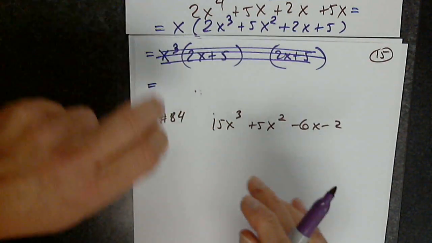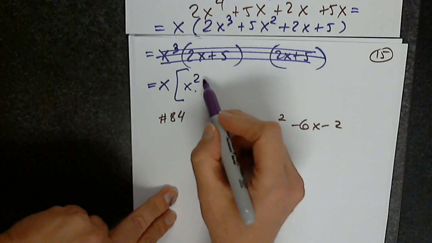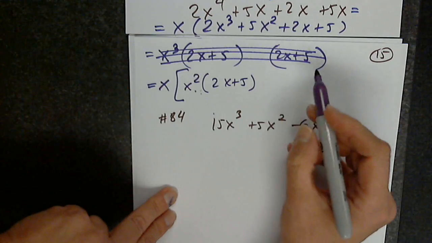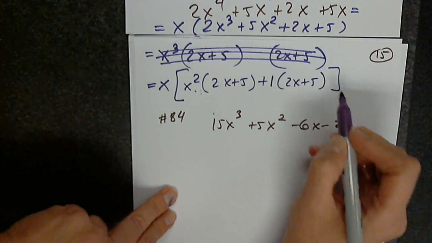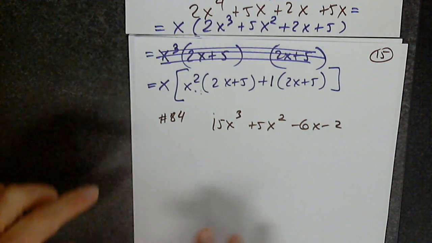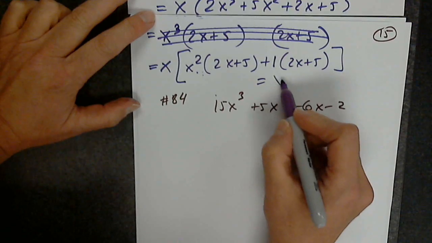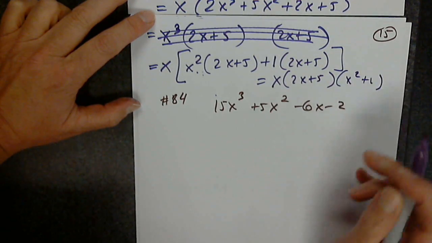I have to do that first. And then I have x, and then you're right. I will factor out x squared, and I have 2x plus 5, and I have plus 1 and 2x plus 5. But I have to factor out the greatest common factor first. And everything else was okay. So it's an x outside, a 2x plus 5, and an x squared plus 1.